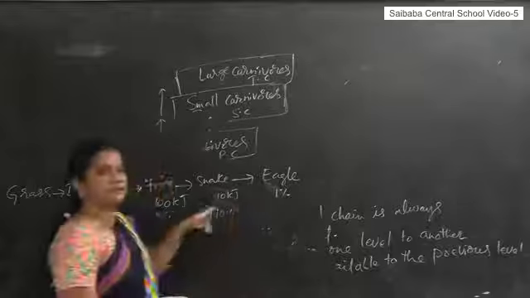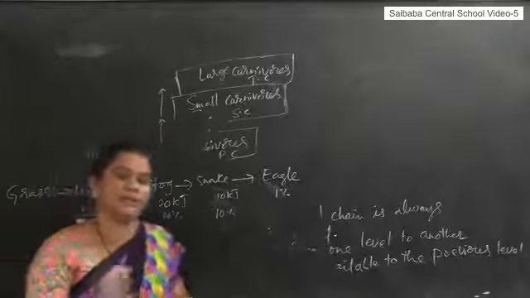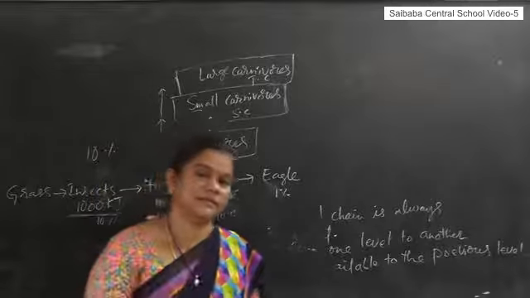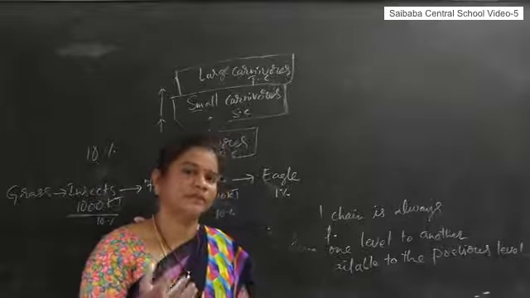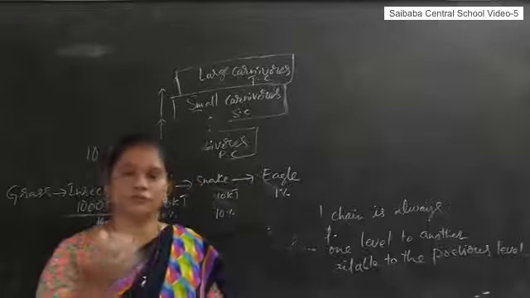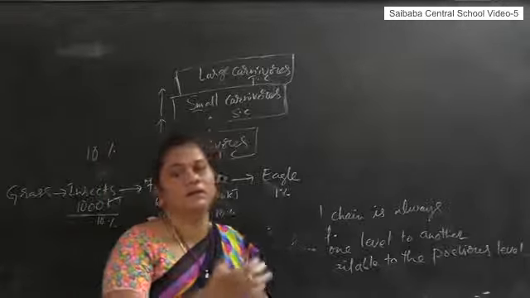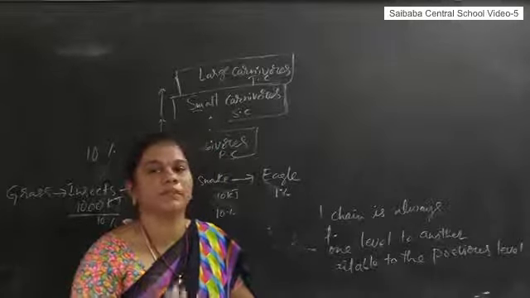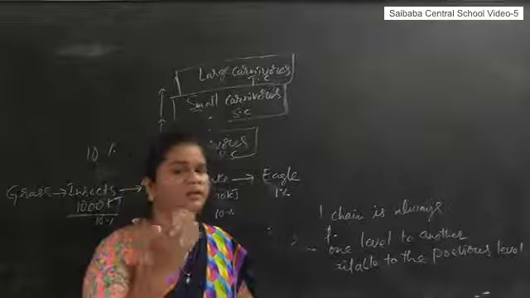So like this, sometimes you may get some problems related to the food chain by the board also. You should be ready to answer them. Are you getting my point? So like this, you may get a number of questions related to food chain or food web or the energy flow diagram. In any way, they may ask you a question. You should be ready with your answers.